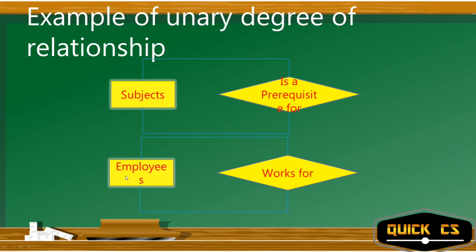But the accountant, the programmer, they are working for a boss. Okay. And that boss can be a manager. So let's say a programmer is working for senior programmer. Hence, they are both employees. Since they are both employees, one employee works for another employee, but both of them are part of the same entity type employees. Hence, it's a unary degree of relationship.